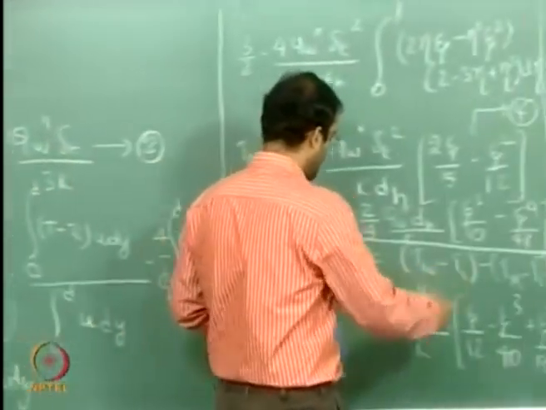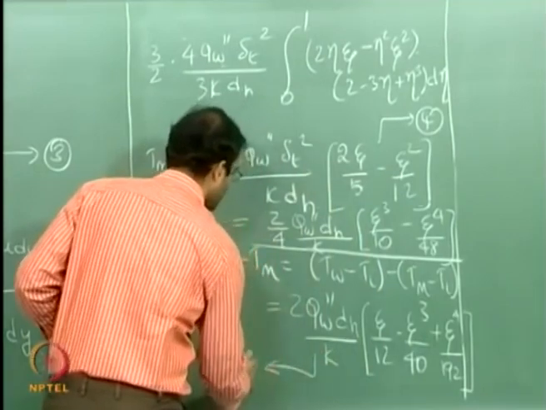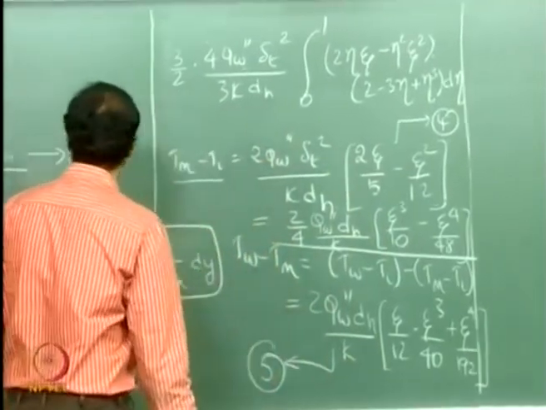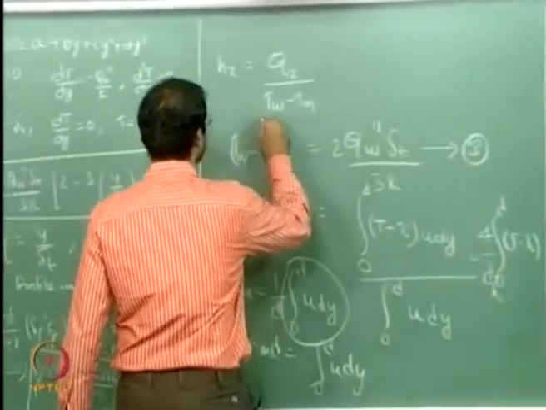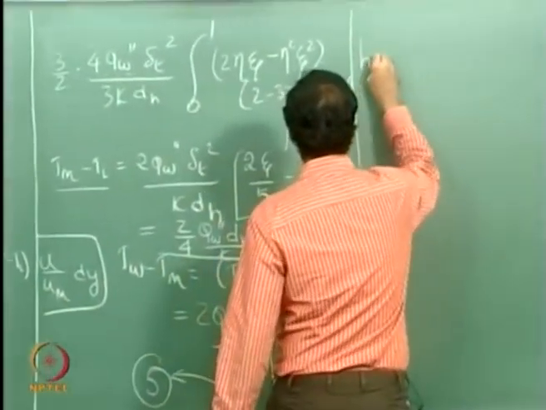When I subtract both, this is what I get for Twall minus Tm. Let me call this equation number 5. So once you have the denominator here, I can directly get the expression for Hx.